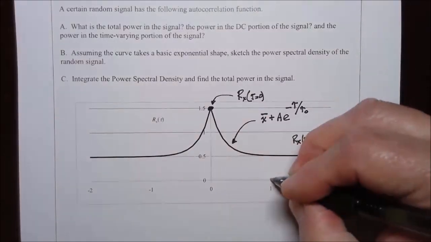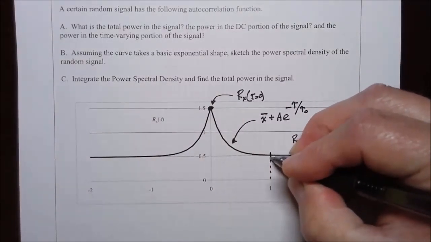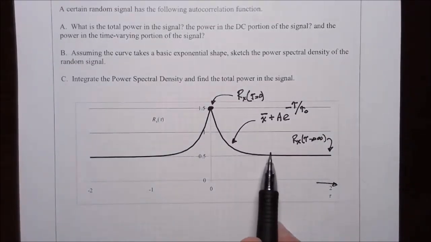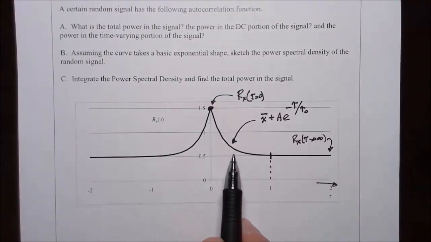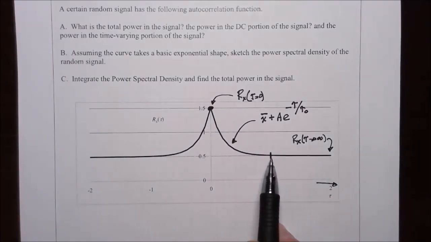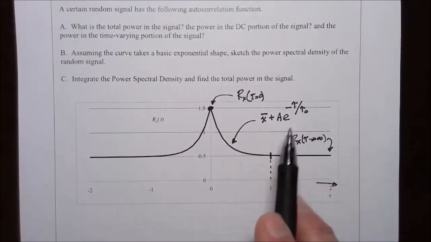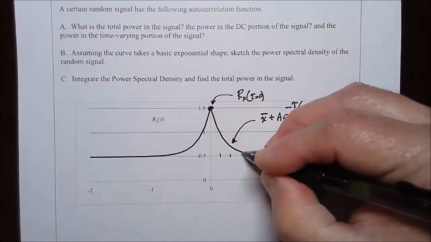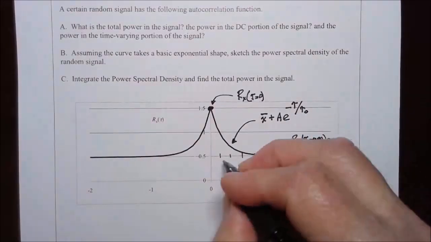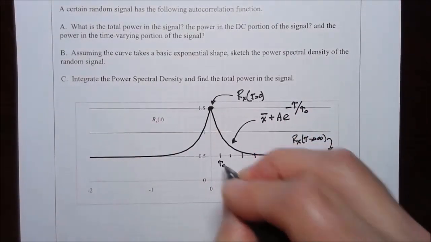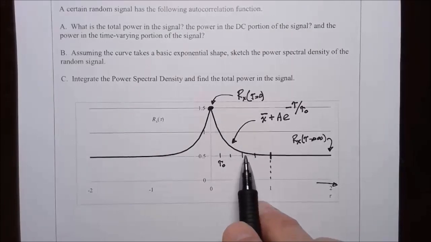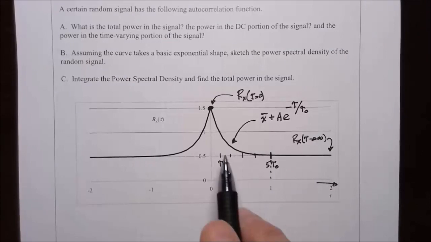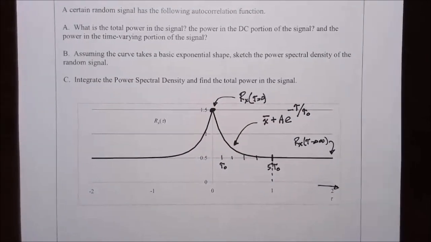It seems reasonable to me that between tau equals 0 and tau equals 1, it has reached its final value. So this is tau naught, 2 tau naught, 3, 4, this is 5 times tau naught. So you can find a numerical value for tau naught.